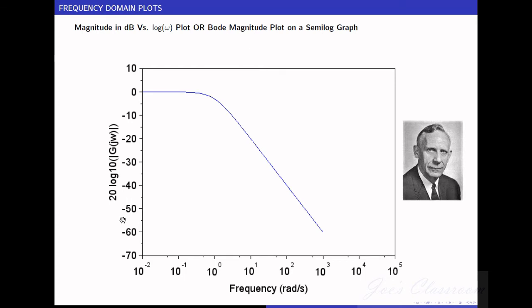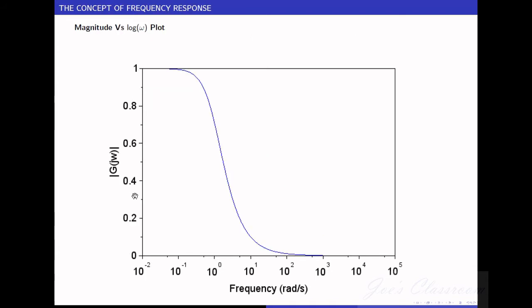Let us see how these gains changed. Let us see the gain before and after converting into decibels. Before converting into decibels, the value varied from 0 to 1.